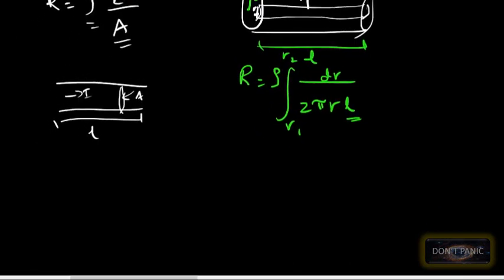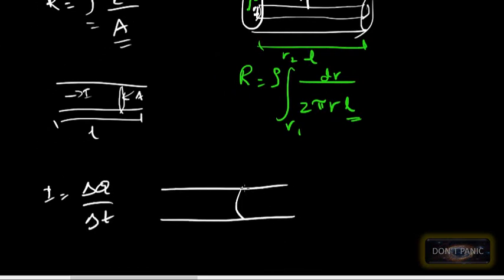Okay, real quickly, we can also define the current. Current is defined as delta Q over delta T. What it means is that, suppose you have a wire and electrons are flowing through it, then how much charge flows through the cross section of the wire in a given amount of time. Okay, so that's what current means.